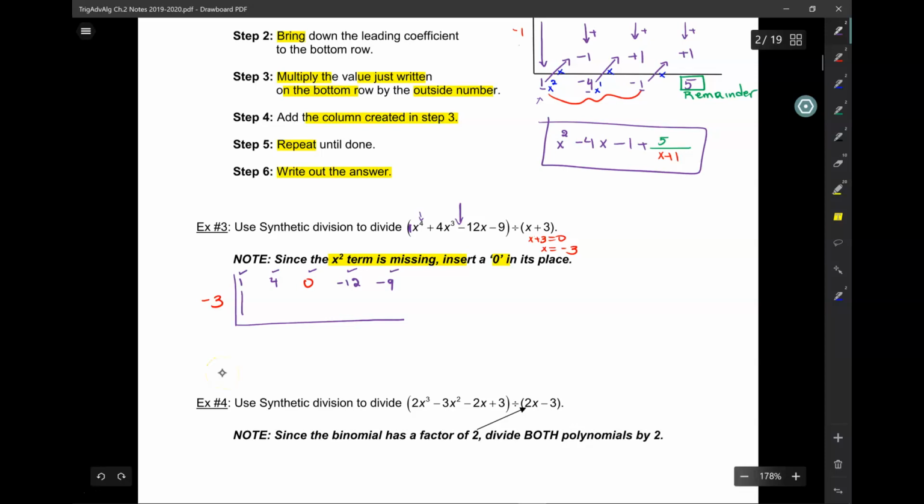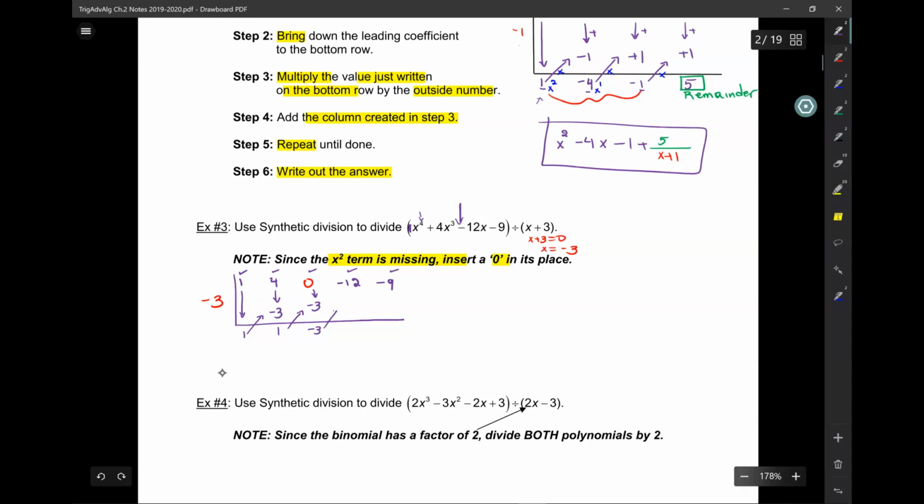Okay, let's do this. The 1 comes down for free. Anything that makes it below this line gets multiplied by the outside number. 1 times -3, -3. I add. Multiply by the outside number. 1 times -3, negative 3. Add negative 3.